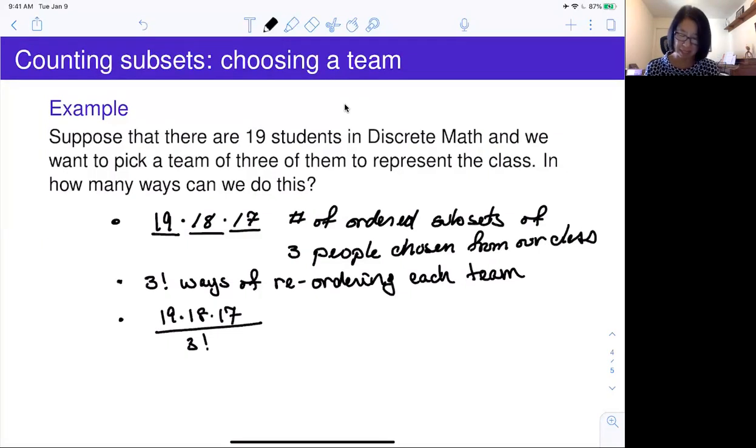Once you get used to it, you'll see that it's not too hard to come up with these formulas, but you don't want to write out a big product like 19 times 18 times 17 times ... in the numerator.